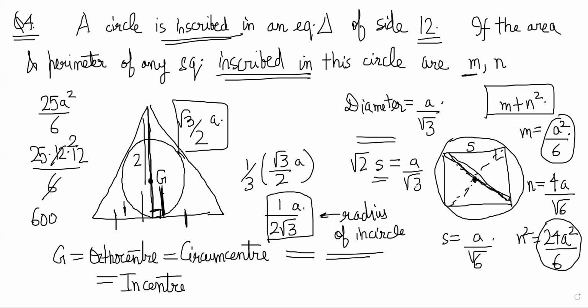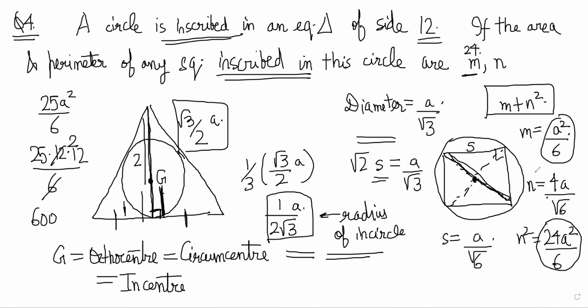So side length is a by root 6. That's correct. Area of the square is a square by... oh wait, I'm making a mistake. No. A by root 6, a square by 6. A square by 6 is coming out to be 12 square by 6. So 24 is the m. That's correct.